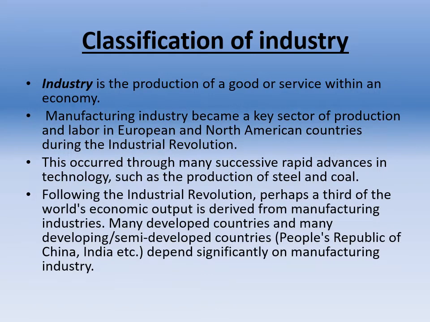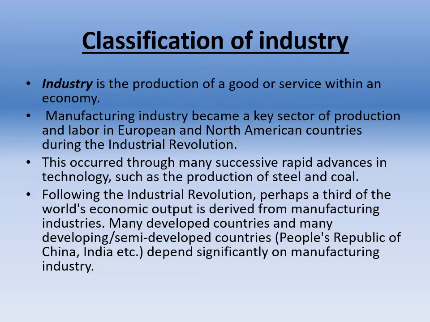Classification of industry. Industry is the production of goods or services within an economy. Manufacturing industry became a key sector of production and labor in European and North American countries during the Industrial Revolution. So there is a boom in the industrial sector beginning from the Industrial Revolution era.